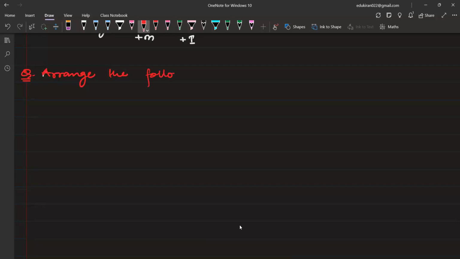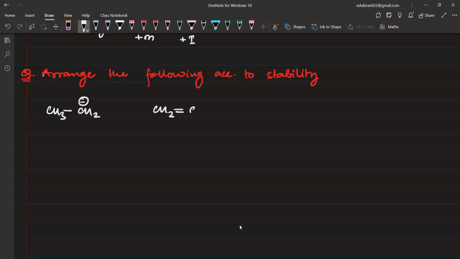Arrange the following according to stability. So let us suppose you have CH3CH2 negative, and then you have CH2 doubly bonded to CH negative, and then you have CH triply bonded to carbon negative.